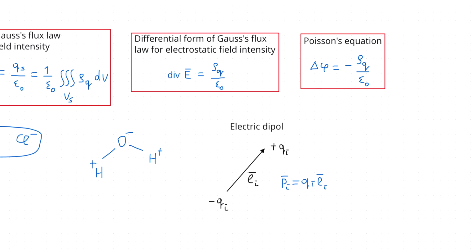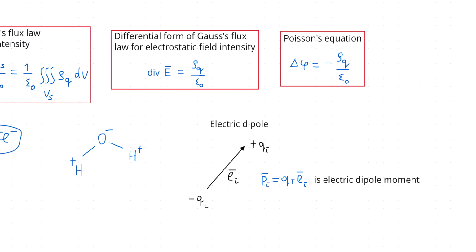So this is an electric dipole. This is the electric dipole moment, with lower index e.